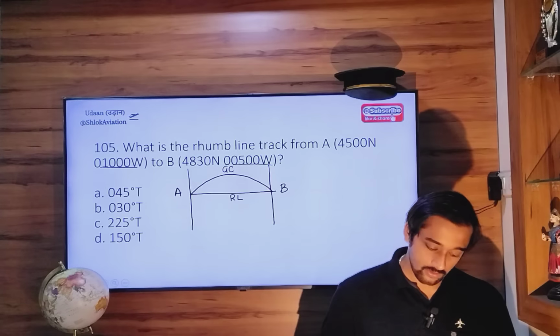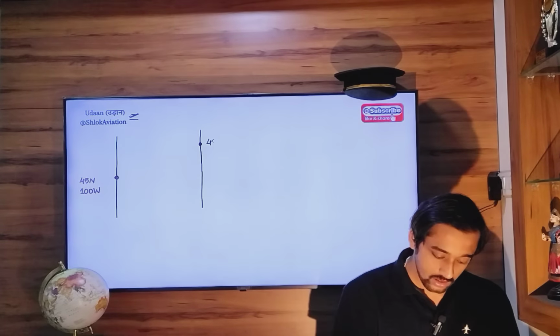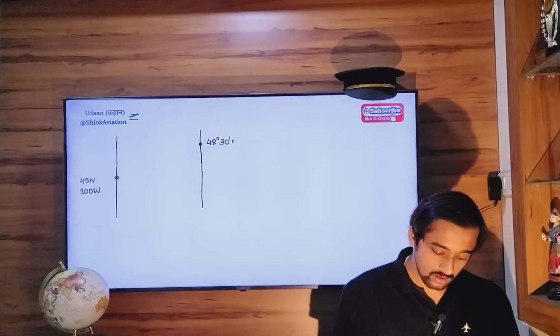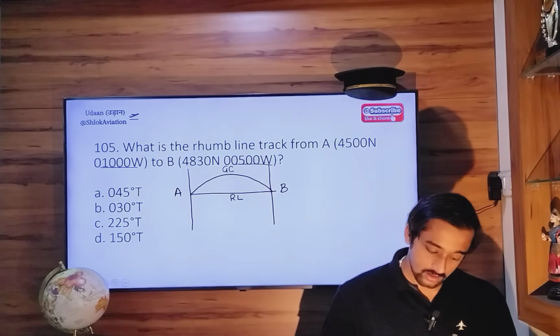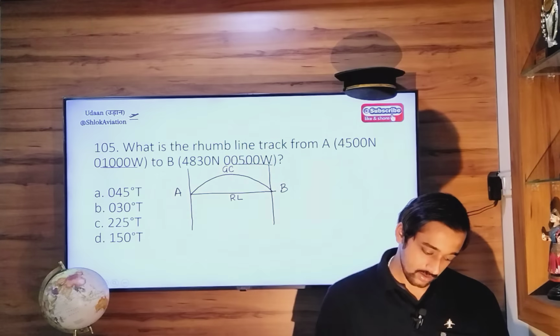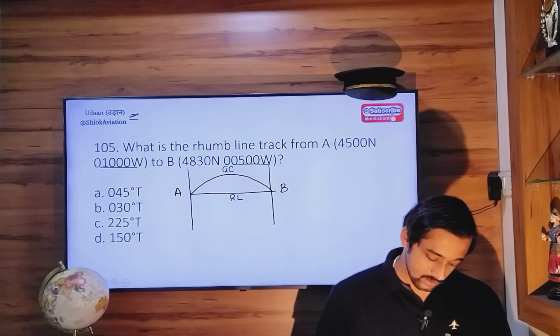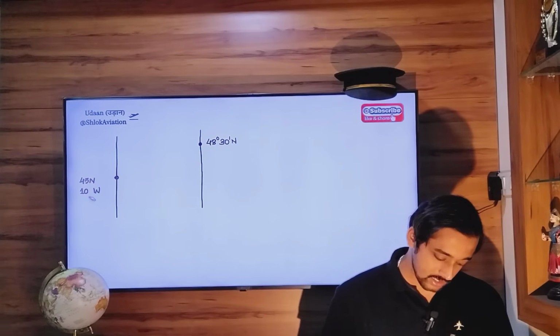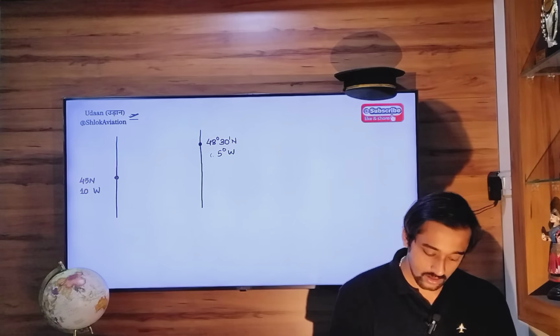B is at 48° 30 minutes north, 50 west. Correction, that is 10 west and 5 west. This is 10 west and this is 5° west.